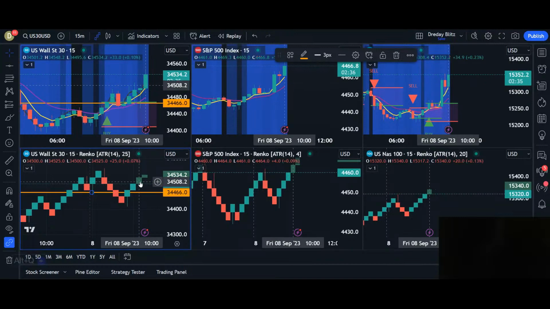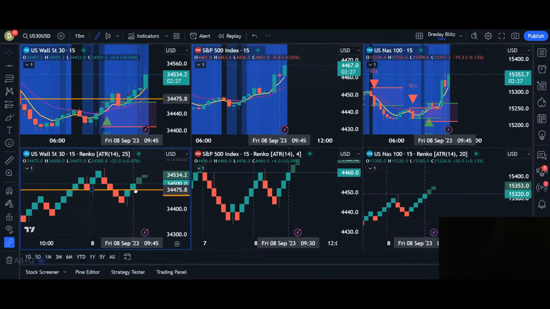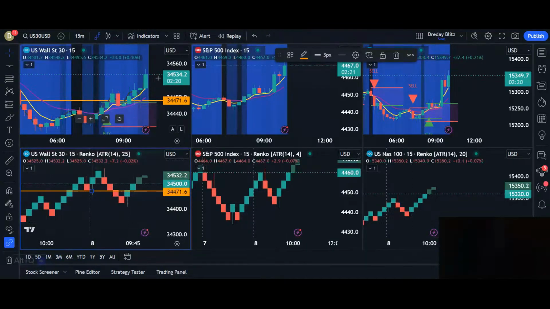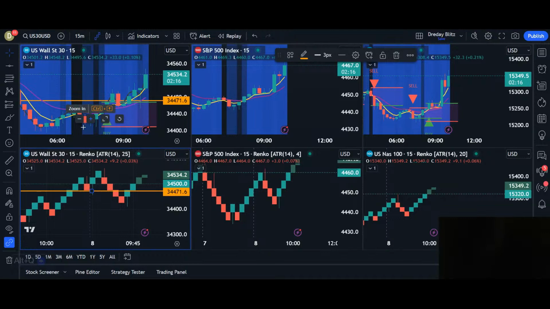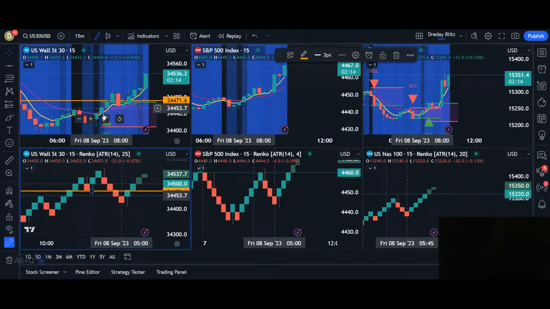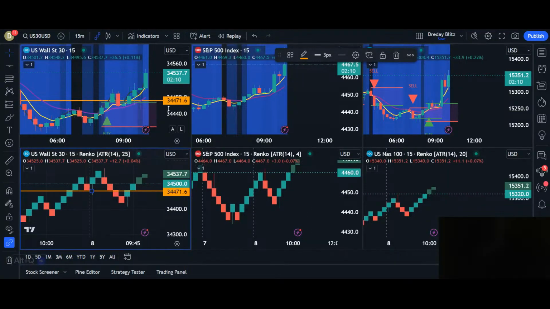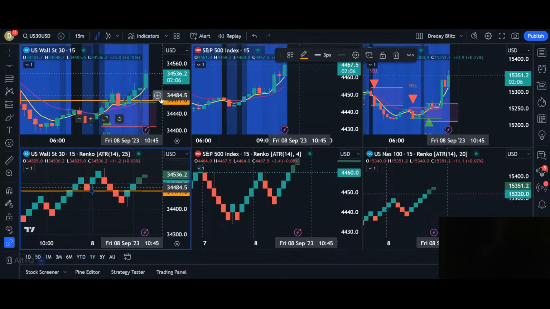So as long as it's not plotted as a solid Renko, my trailing stop will be on the last Renko bar that is full. So this is my stop loss. My entry was here. If we give an example, my entry was on that candle. Stop loss is right here. My trailing stop is right here. So my trade is still open right now.